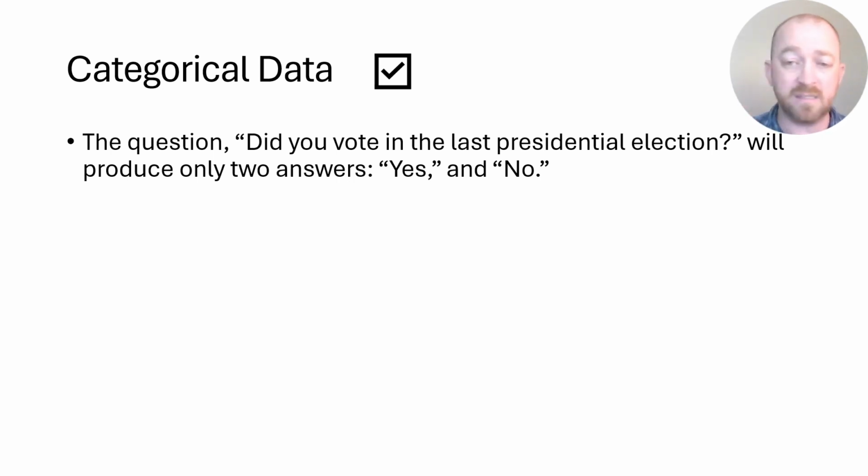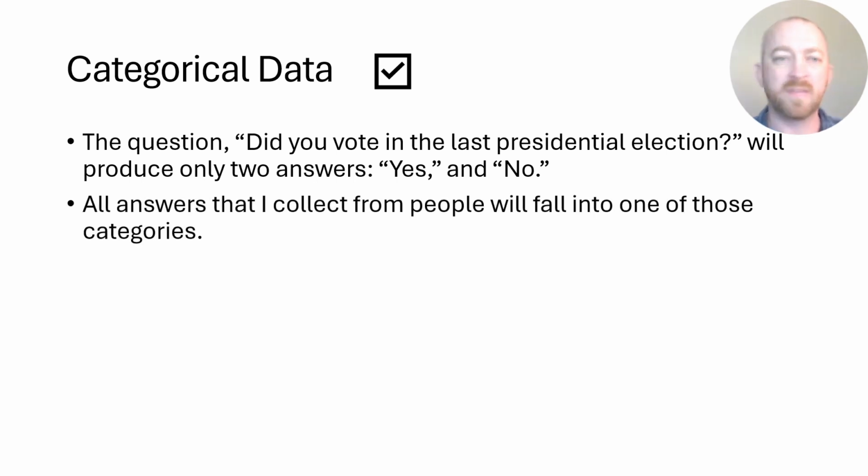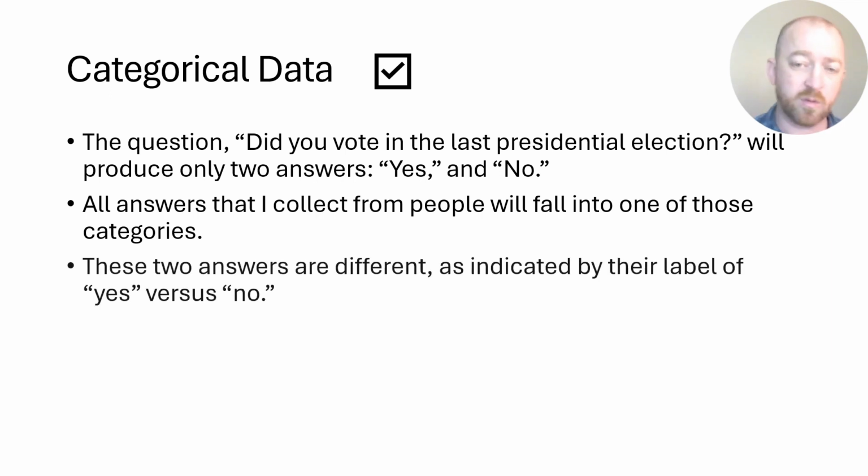The best example of this is thinking of just the yes and the no. That's inherently categorical because on the one hand, there's no inherent order to the yes or no. There's no reason for me to say a no goes before a yes or a yes goes before a no. They just indicate differences. So this person over here did vote in the last election and this person did not. Okay, and I know those differences and that's fine. That's wonderful. So that is categorical data or categorical properties inherently: they just give me differences between the values that they can take on.